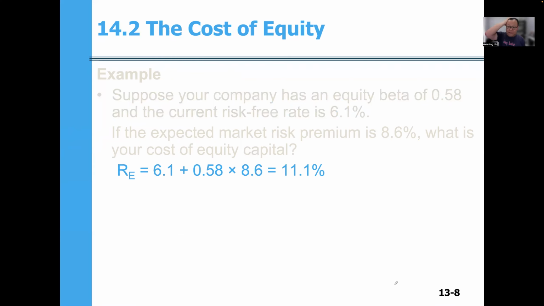So you use RF, 6.1, plus 0.58, this is my beta, and then times the market risk premium, which is the market return minus RF.